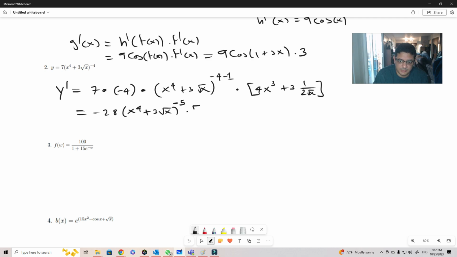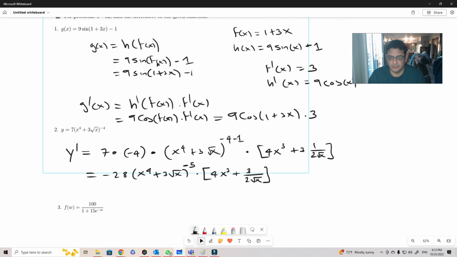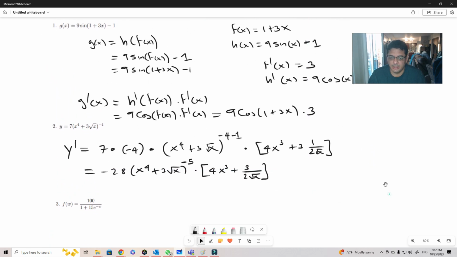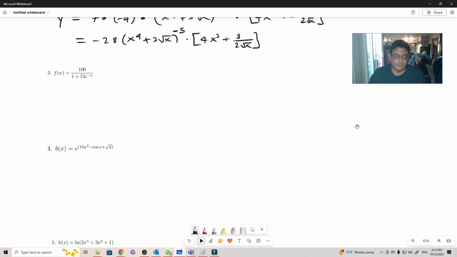And then times 4x to the 3 plus 3 over 2 square root of x. So it pretty much depends on which technique you want to use. If you want to use this one or this one, all's fine, it just depends on your mileage with this.